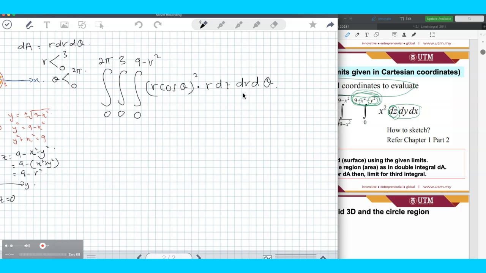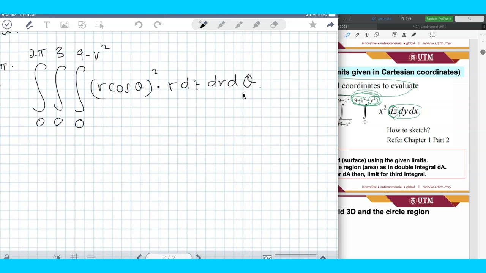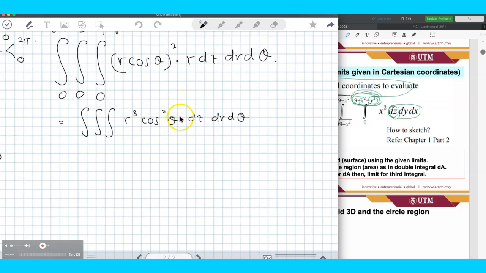Okay. But then maybe I have to expand and simplify the form. So r squared times r, so r cubed, cos squared theta, dz dr d theta. Firstly, we have to integrate with respect to z.